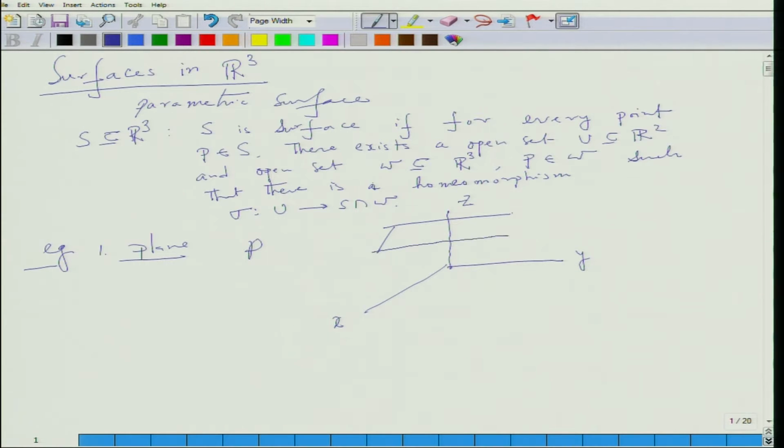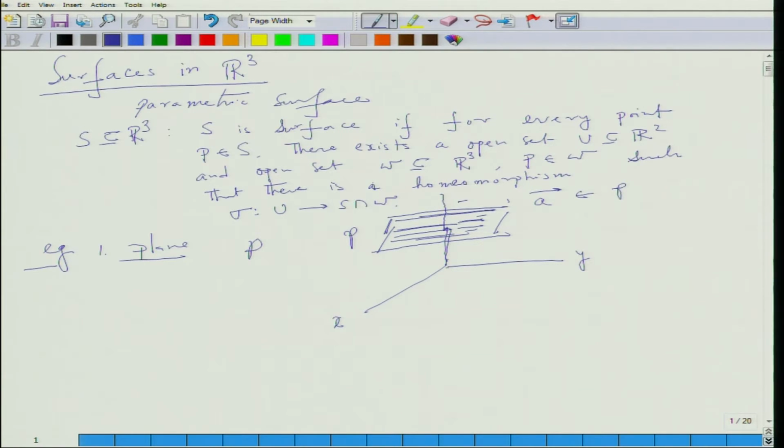For simplicity, I take the simplest one, and I take a vector A in the plane P. So, this is my plane P. Now, how do I describe this plane P mathematically?